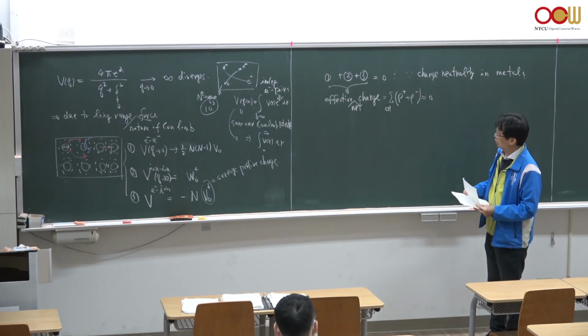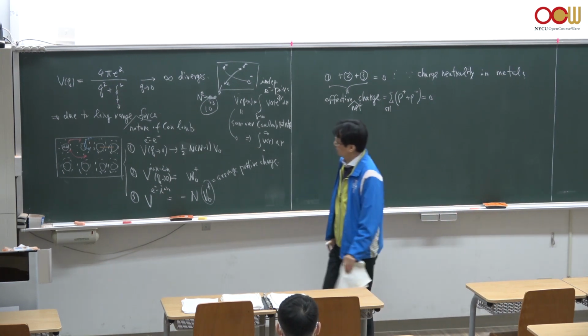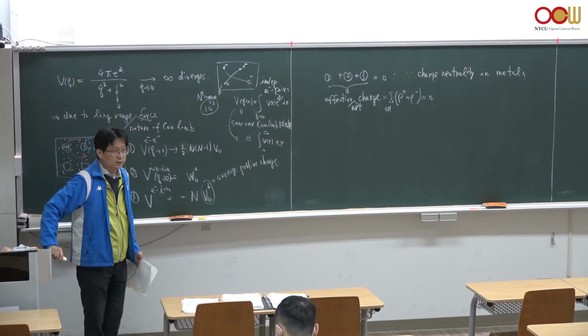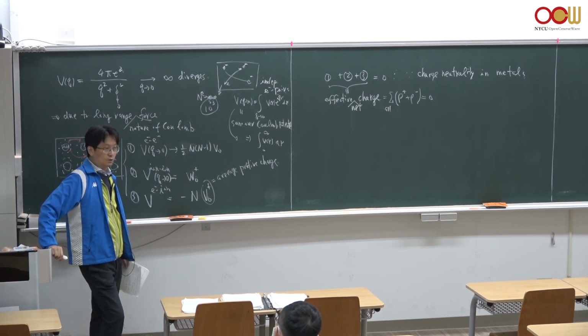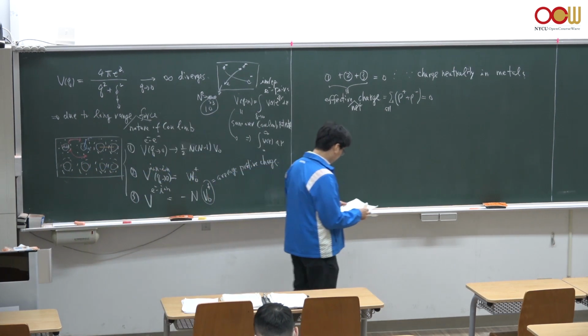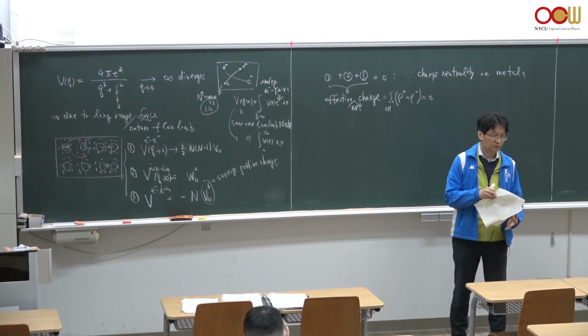And the net charge is actually 0 in ordinary metals, because you get an equal number of negative charges and positive ion charges in your system, so you get a charge-neutral system. So in a way, we don't need to worry about this divergence anymore.